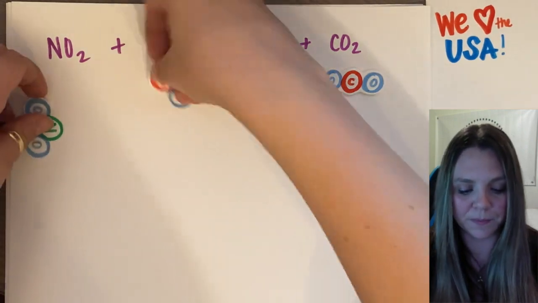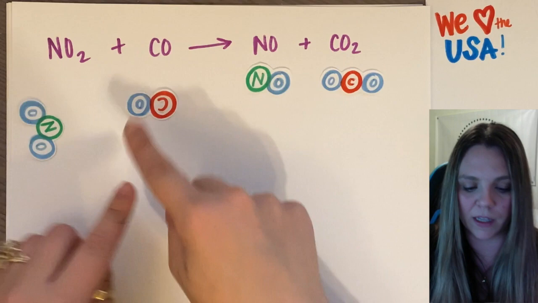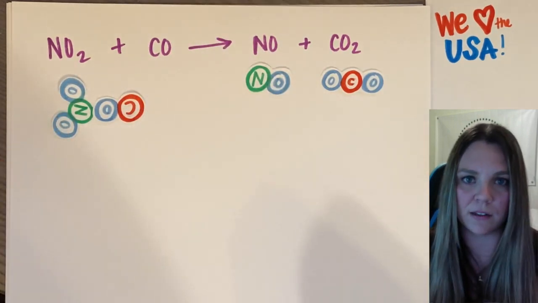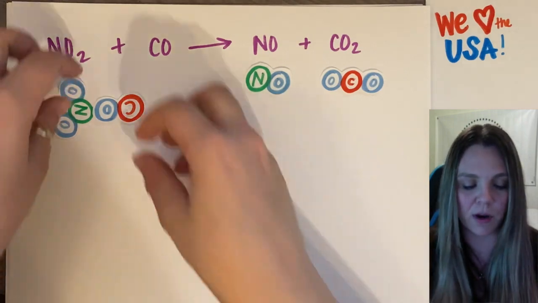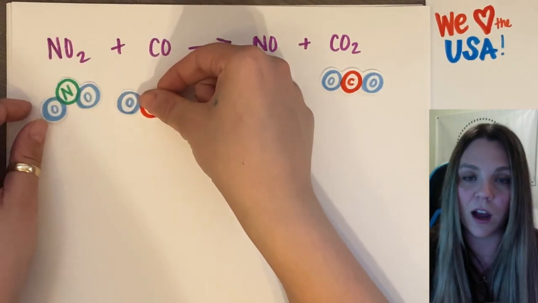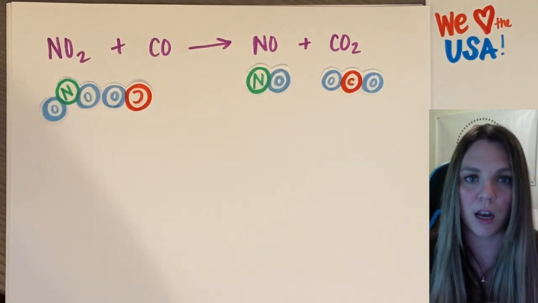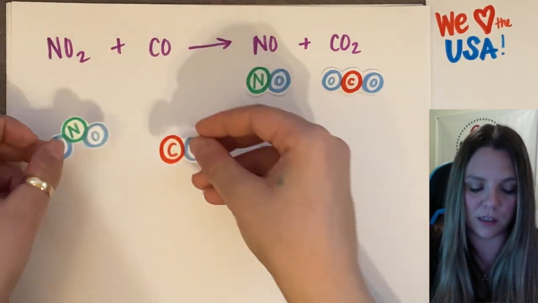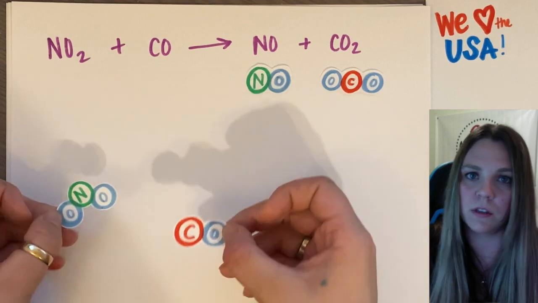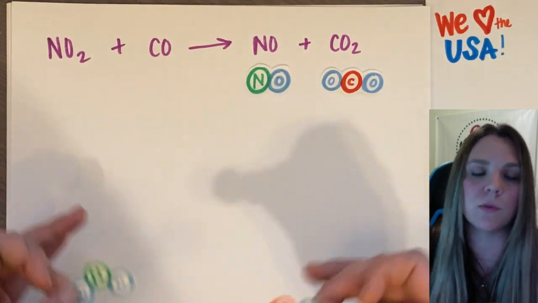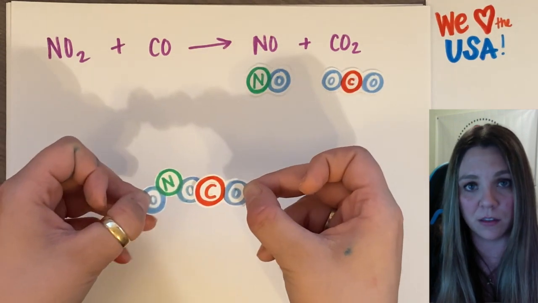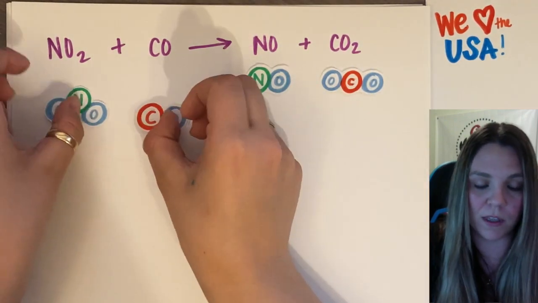If my carbon monoxide was flip-flopped and the oxygen and nitrogen collided, again, not oriented properly. Oxygen and oxygen, nothing happens. I have to have these two molecules, or two compounds, two elements, whatever it is that's reacting, actually find each other in the space that you're working with, in the system.